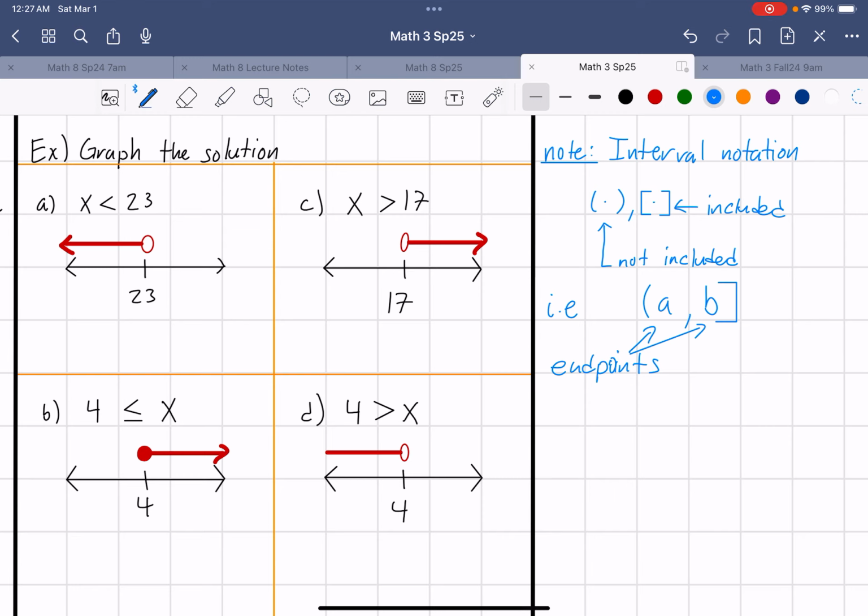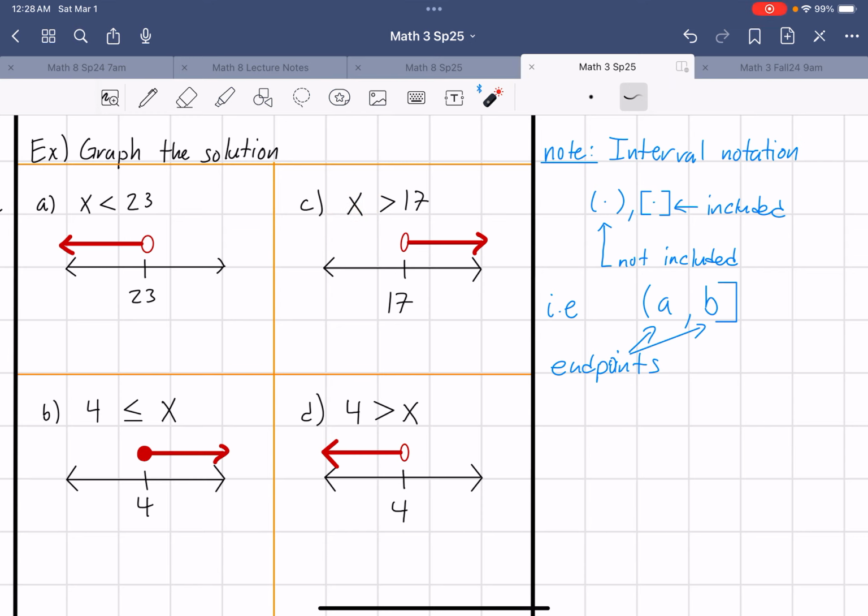Now, if you look at the examples that we're talking about, sure, we have an endpoint on one side of this graph, but we don't have the endpoint on the opposite. And this is what changes a lot from going from an inequality to an equation, because the inequality can have many solutions, because 17 is not part of my solution, but 18 is, 19, 18.3, 18.7.